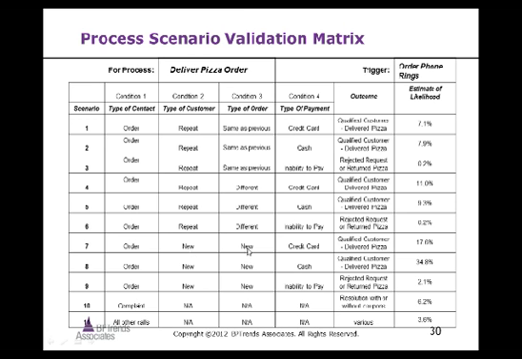The type of order is a new order automatically, but it could have been the same as before if it was an existing customer. And in this case, they're going to pay by credit card, and right now that's happening about 18% of the time. So looking at each scenario allows me to test my business process with all the varying conditions that could take place.